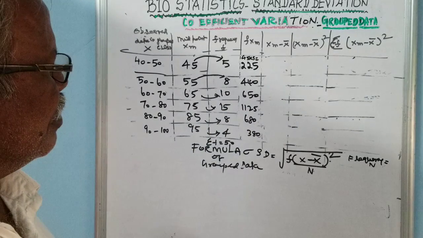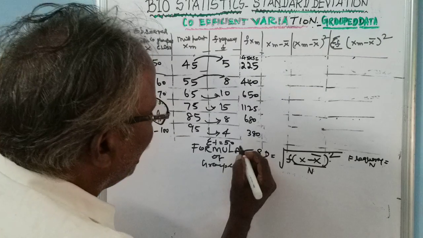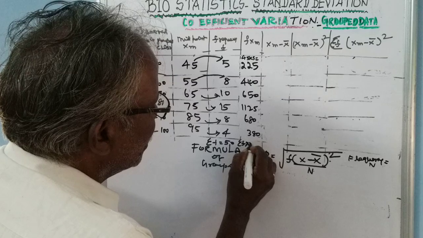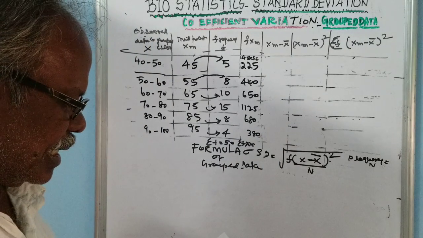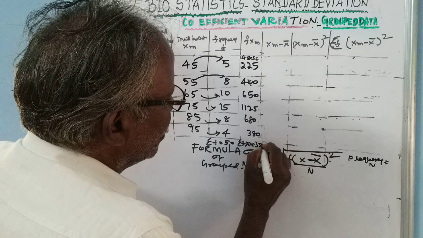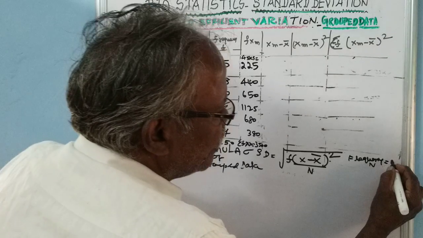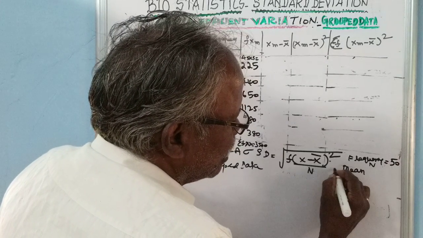So we have obtained the fxm values. Now the sum of fxm, we have to add all these, and that comes to 3500. From this we have to calculate the mean value, the arithmetic mean.